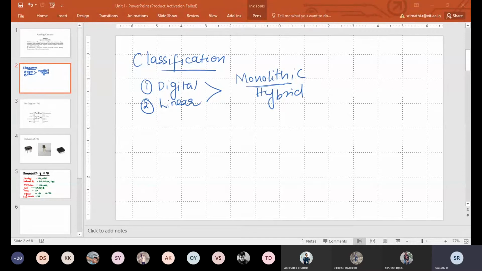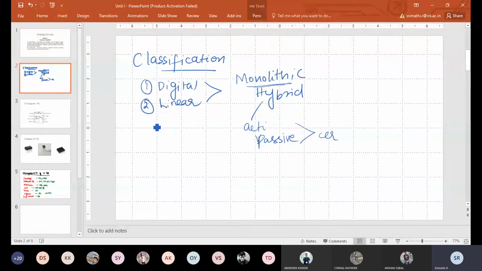Whereas in the hybrid technology, separate component parts, namely active components as well as passive components, are attached to a ceramic substrate, and then they are interconnected by means of either wire or metallization.